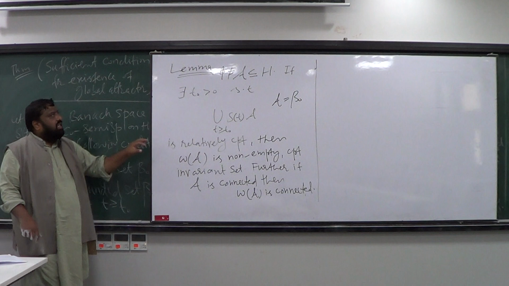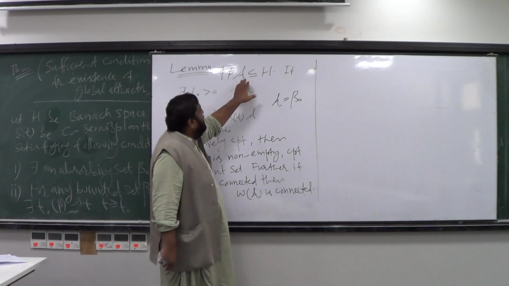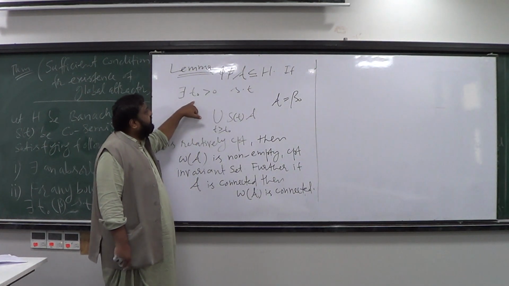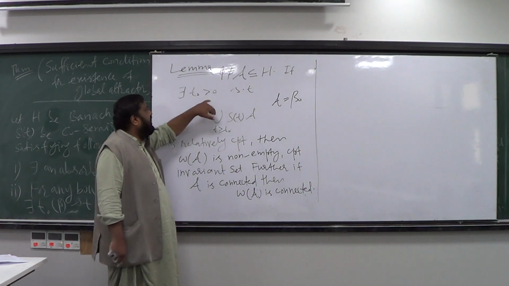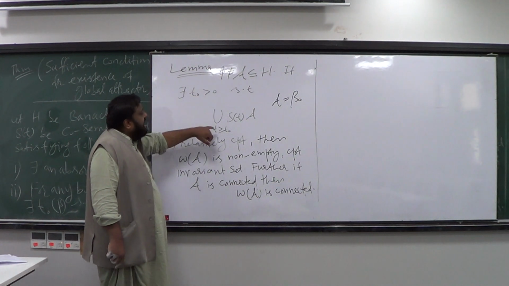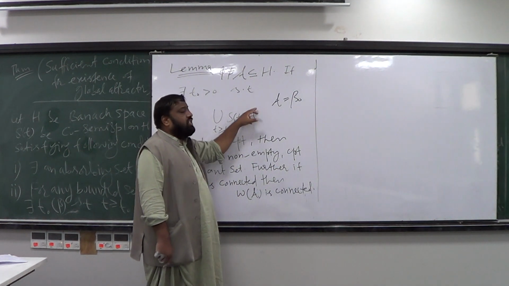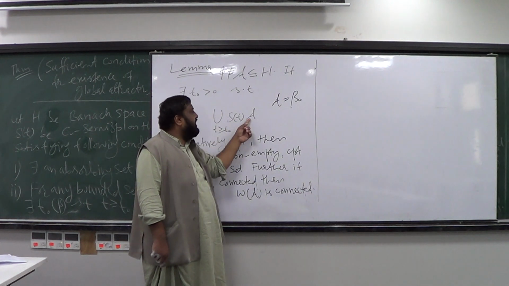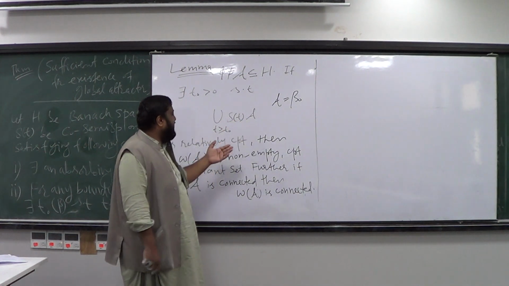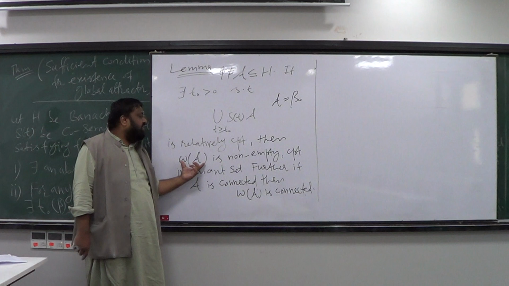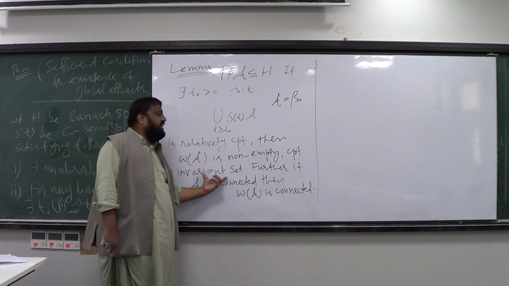This result says that if you have a non-empty subset A of H, where H is some Banach space, and if there is an instant T naught such that after this instant T naught, the orbits of A, or the trajectories that start from A, their union is relatively compact in H, then the omega limit set of this set A is non-empty, it's compact, it's invariant actually.